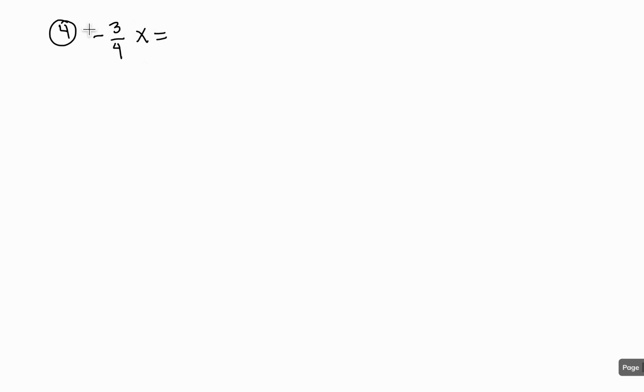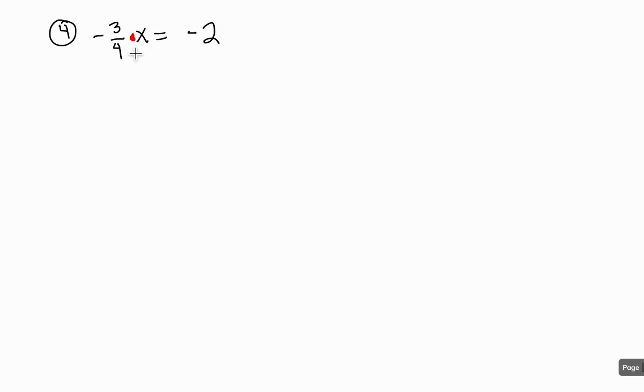Over here we've got a negative 2. In thinking about this, I'm thinking, oh, there is a multiply hidden right here. So we really want to watch out for that.